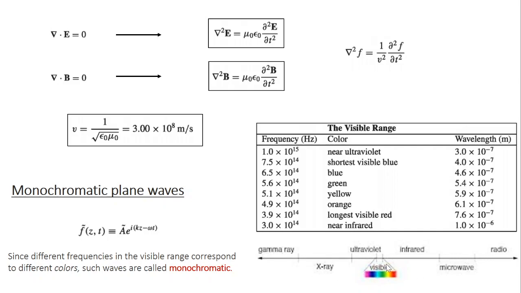Similarly, below the visible spectrum you have less energetic infrared radiation, then microwave radiation, then the least energetic radio waves. So this is the complete electromagnetic spectrum: radio waves, microwaves, infrared rays, visible light, ultraviolet rays, X-rays and gamma rays. So remember this, you will encounter this very frequently in optics and also in spectroscopy.